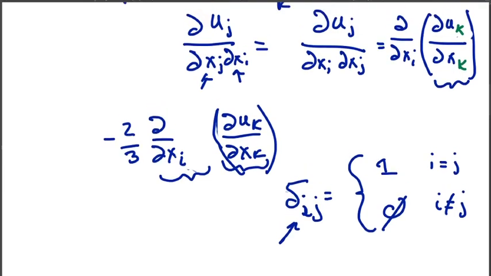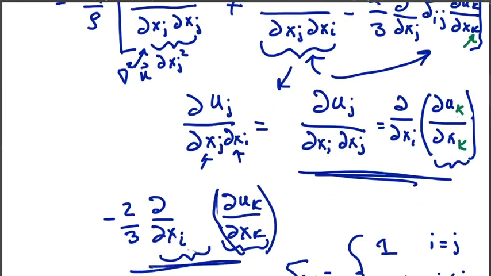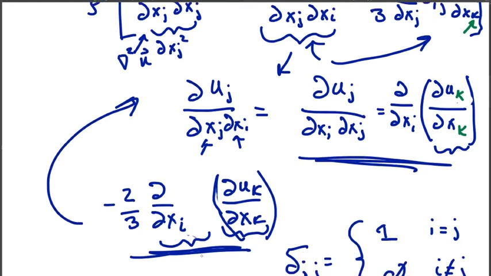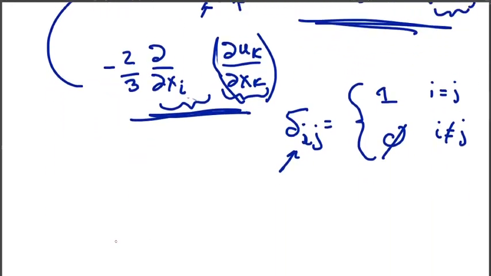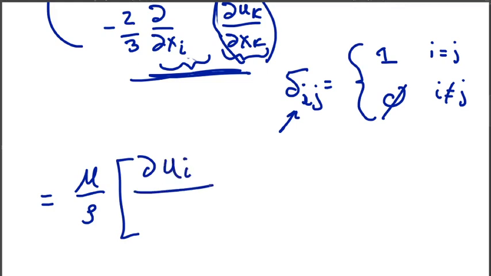Okay, let's now take these terms, this term here and this term here, and let's put them back into our main equation that we started with. So let's write it back down again, get some clarity here. So we have our mu over rho, we have our d ui, we have our dx. I'm going to take the liberty of relabeling the k's down here too. xk.